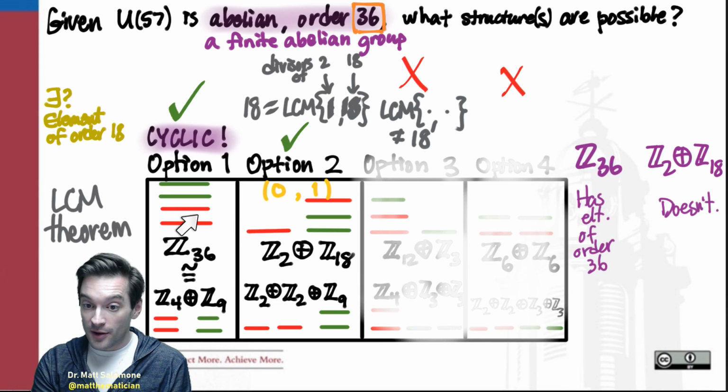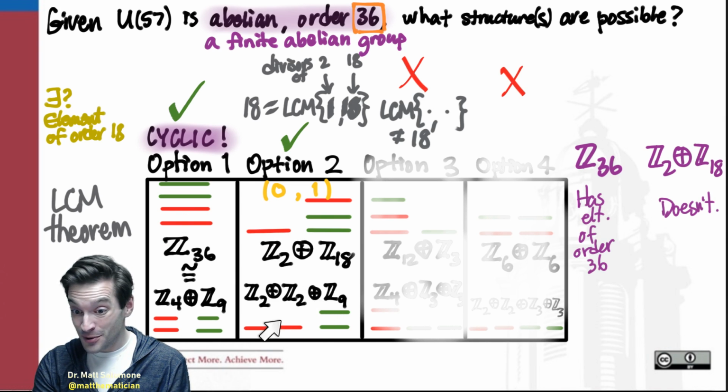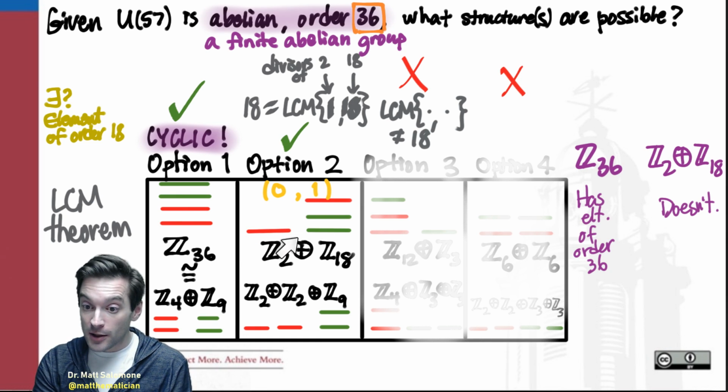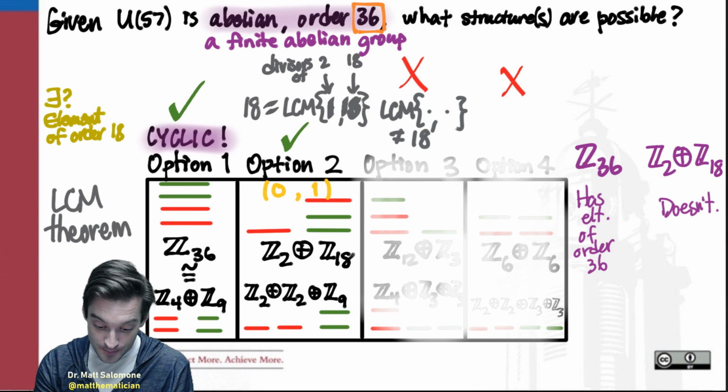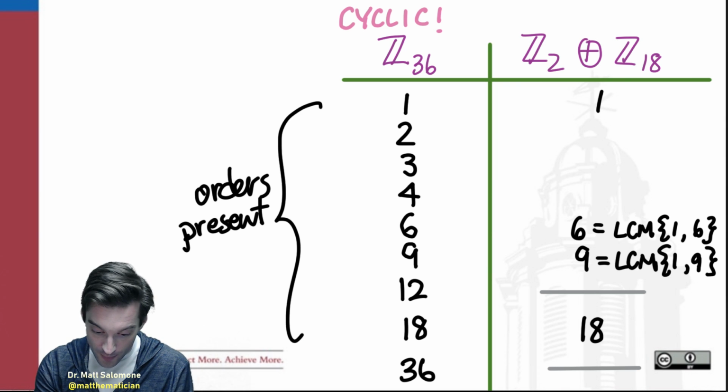Well, 4 is what I would get here by stacking 2 red chips into the same stack, which I have in option 1, but in option 2, I don't. There's no arrangement, no legal stack it arrangement of these positions that's going to give me 2 red chips stacked together. And for that reason, there is no element of order 4 in this direct product.